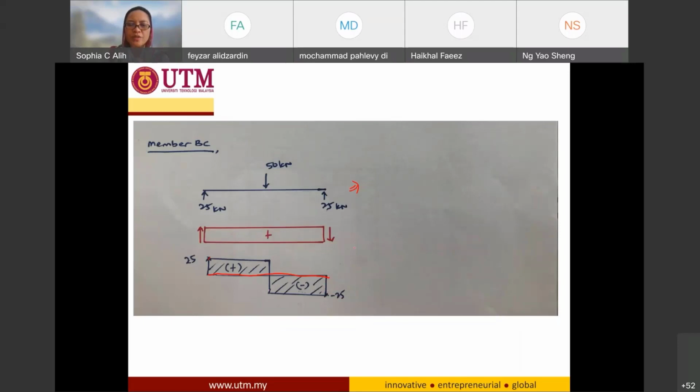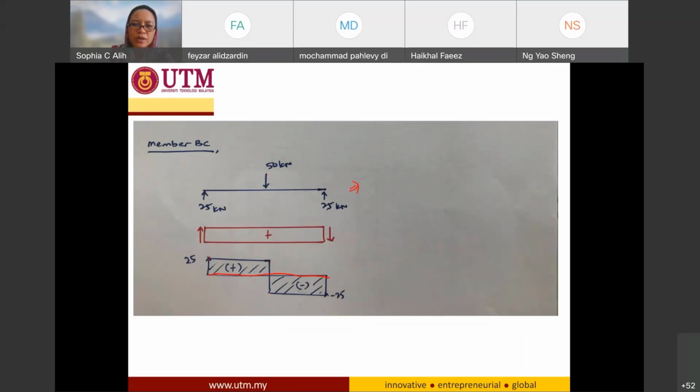points? The slope of my shear is going to be based on the loading. Since there is no load between 25 and 50, I just have a straight line, and I have external loading of 50, so it's going to be minus 50.